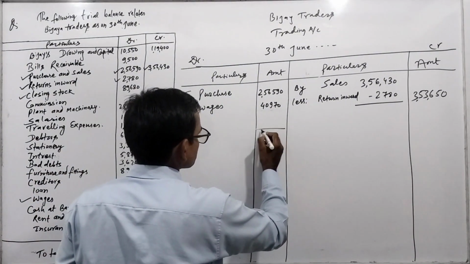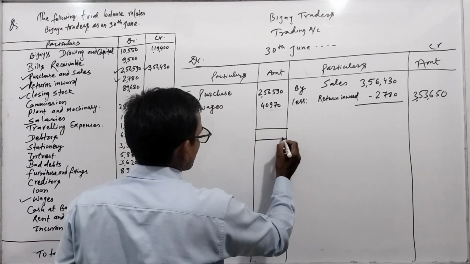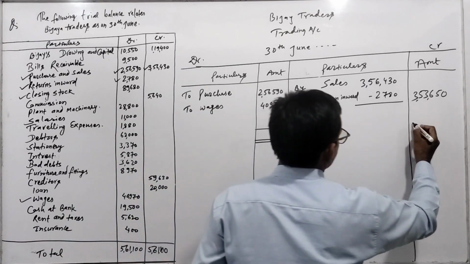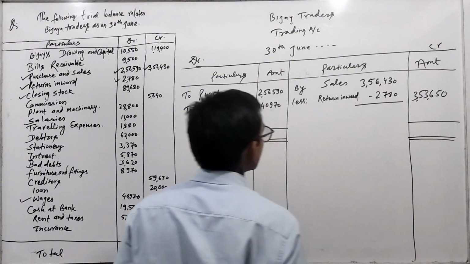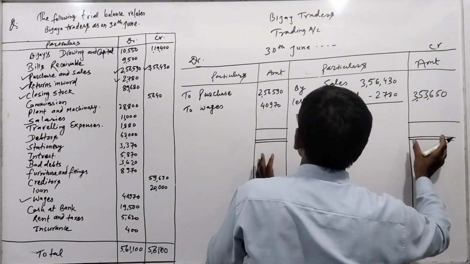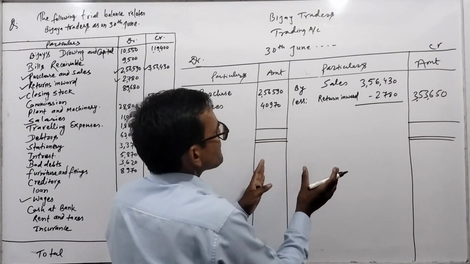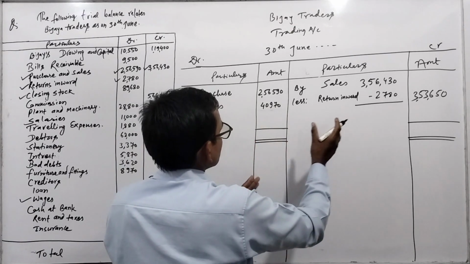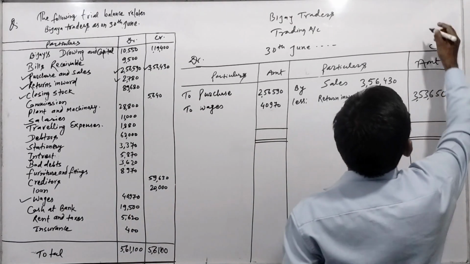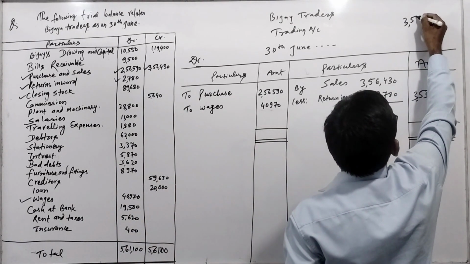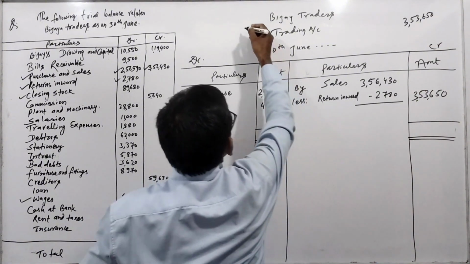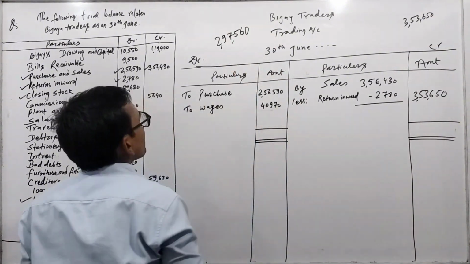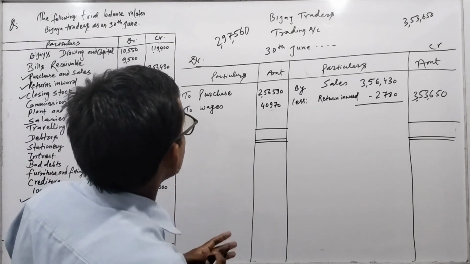Now you have to close it. And how do you close? You add these both items. Which one is greater? I think this one is greater. This is 3,53,650 and this is 2,97,560.